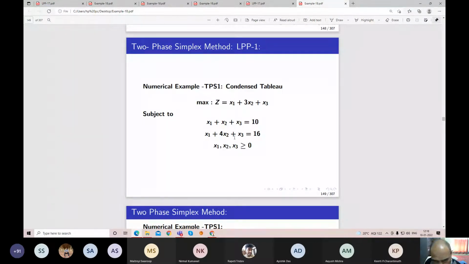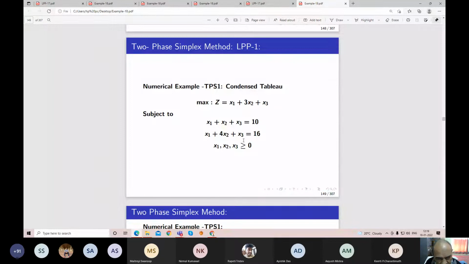Now with respect to the two different constraints, we like to introduce artificial variables. For the first constraint, there is an artificial variable, let us say A1. For the second constraint, another artificial variable, let us name it A2. You can put Z1, Z2 also, there is no harm, but I am saying the artificial variable starts with the letter A. So I am saying artificial variables A1 and A2, two different artificial variables.